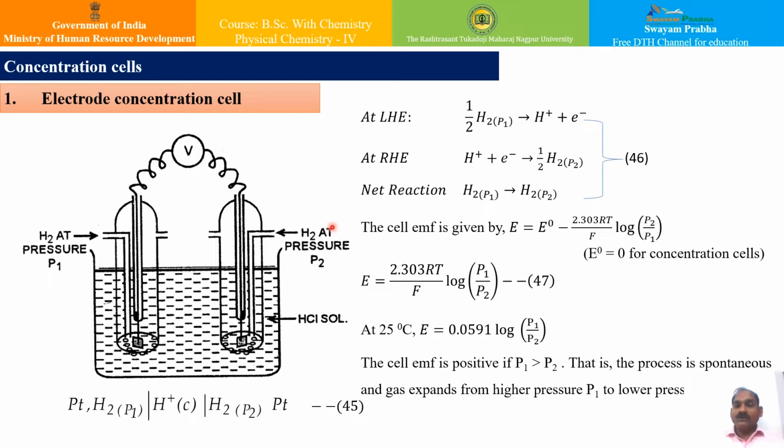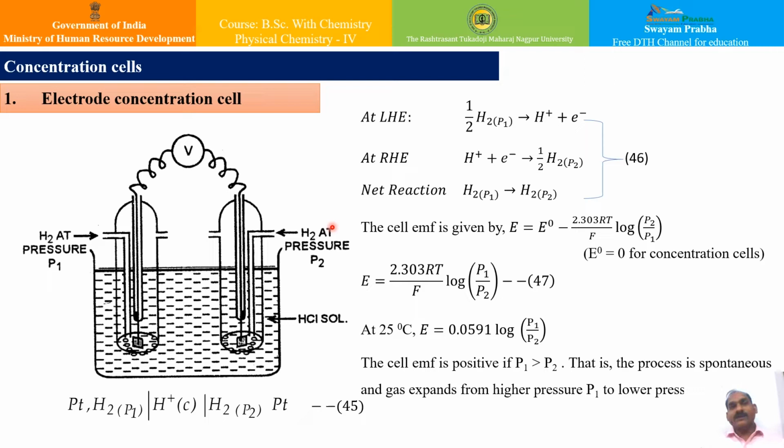Also, it would be useful to state here that in a concentration cell, as both the electrodes are the same, the concentration difference would make the potential difference across the two half cells, and thereby we can find out the EMF of the cell. Based on this concept, concentration cells can be classified into two types. One is wherein the electrode concentration is different, and secondly wherein the electrolyte concentrations are different.